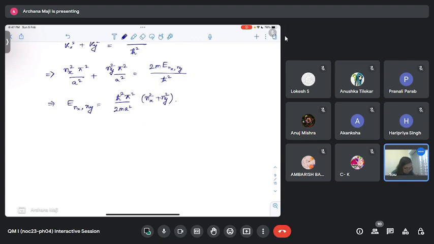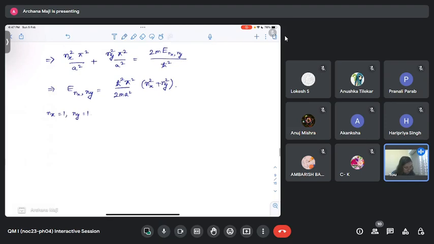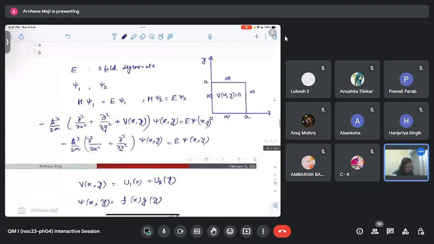Okay, so for the ground state, both nx and ny should be 1. Let's call this some energy unit, I think epsilon 0.